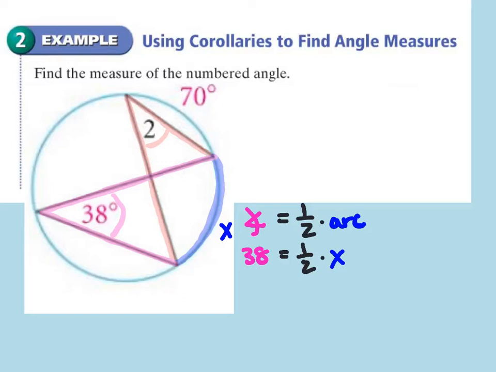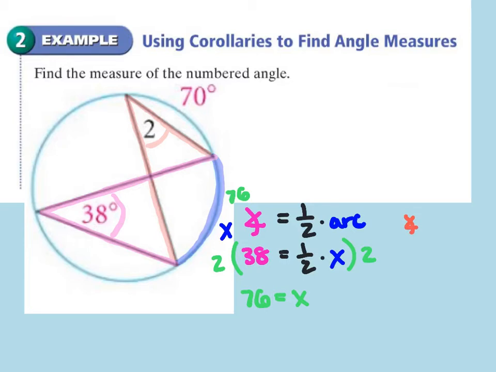Now to solve, you would have to multiply both sides by 2, which gives you a value of 76. So this gives you that 76 equals x, which means that the arc is 76.